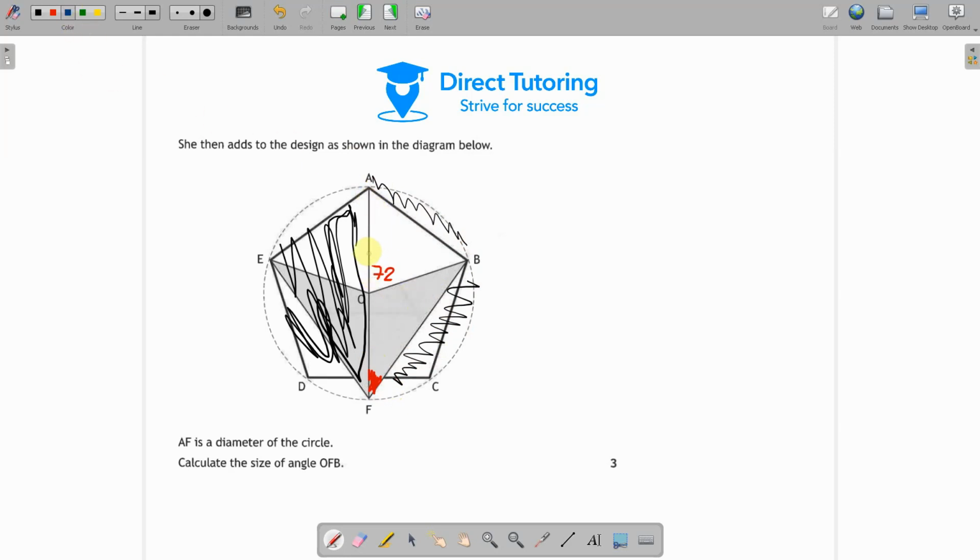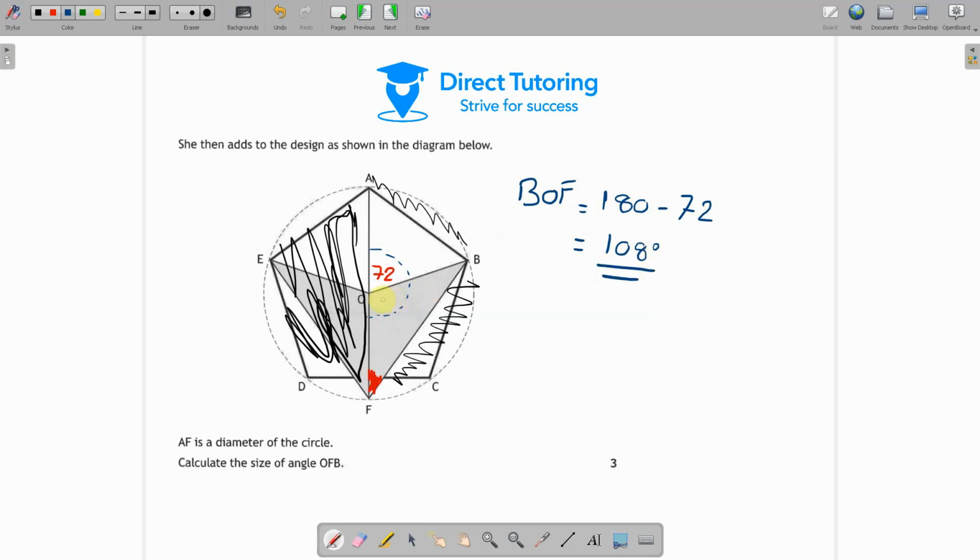Now, we know that there is 180 degrees in a straight line. Here we know that this proportion is 72. So the angle BOF is going to be 180 minus 72, which will give us 108 degrees.